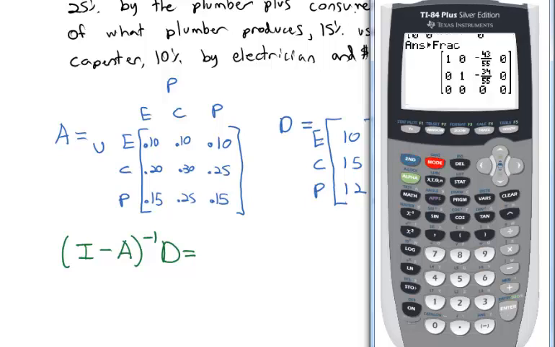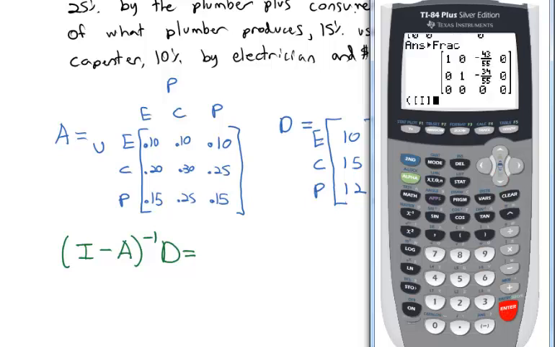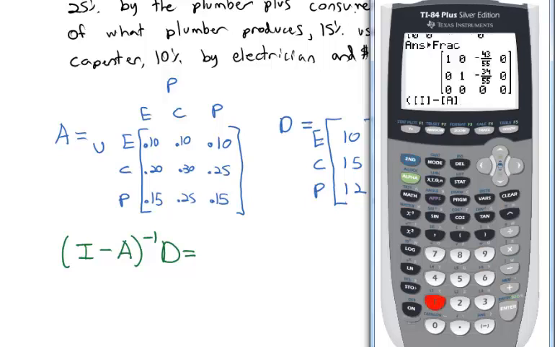So I can just type in this formula, parentheses I, second matrix, we'll scroll down to I. Also, to make it quicker, I could have just hit the number 9, seeing that 9 is the identity matrix from the top. Either way would work. Minus matrix A, second matrix. A is number 1. Close the parentheses.